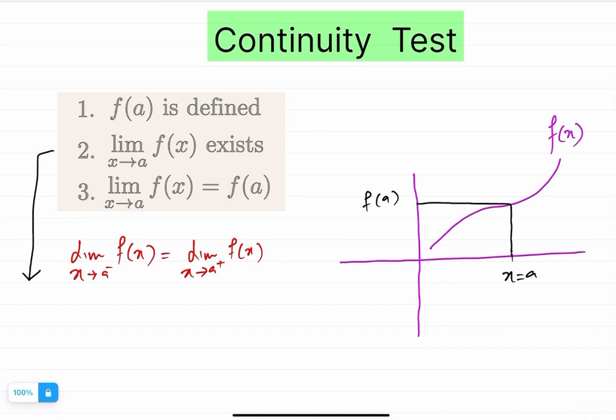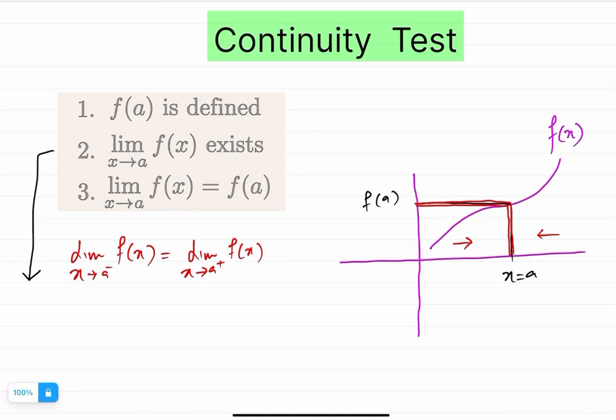You can check that even if we approach from the left side or the right side, the function does have a y value from the left side and the right hand side that are equal.